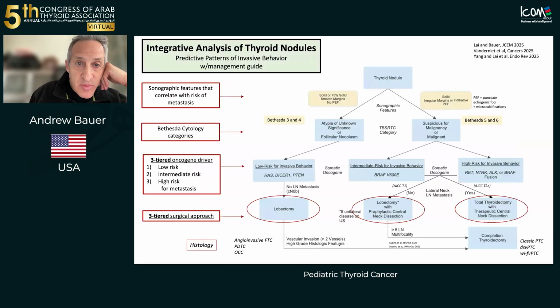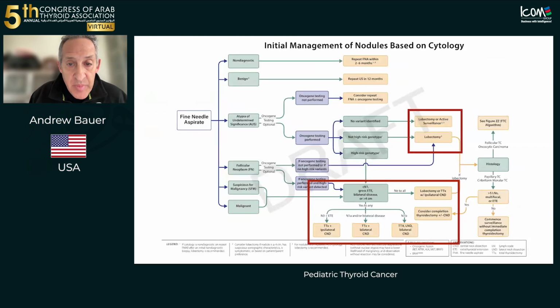So this is the integrative approach to the evaluation of thyroid nodules, where we look at the sonographic features, which help predict the cytology, which likely correlates with the somatic driver, which helps then direct the surgical approach, whether it's a lobectomy with prophylactic central neck dissection, or total thyroidectomy. And then further, after the surgery is completed and you have the histology, you can use this information to decide if you enter surveillance or completion, or if the patient would benefit, if they've had a total, from radioactive iodine.